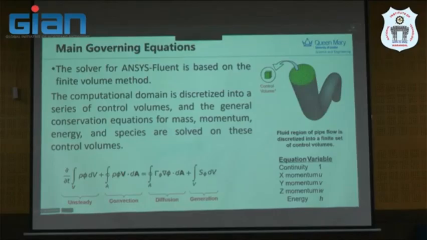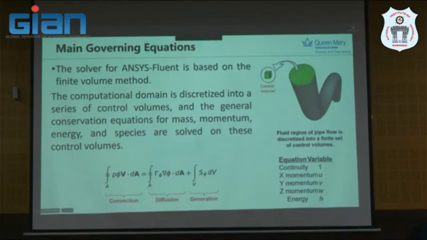And if we want to investigate a steady simulation, which means the physical phenomena are not changing with time, the unsteady term will be omitted, will be neglected, and the governing equation will become like this.